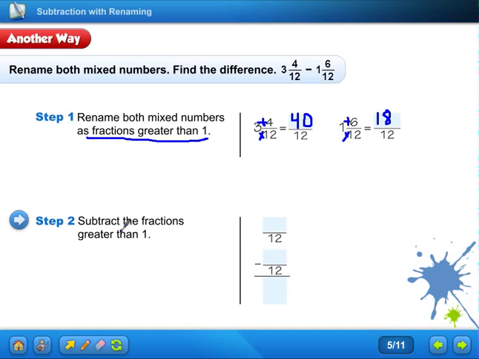Step 2, subtract the fractions greater than 1. So we have 40 twelfths minus 18 twelfths. Now all you have to do is over here on my side of my paper, I'm going to do 40 minus 18.